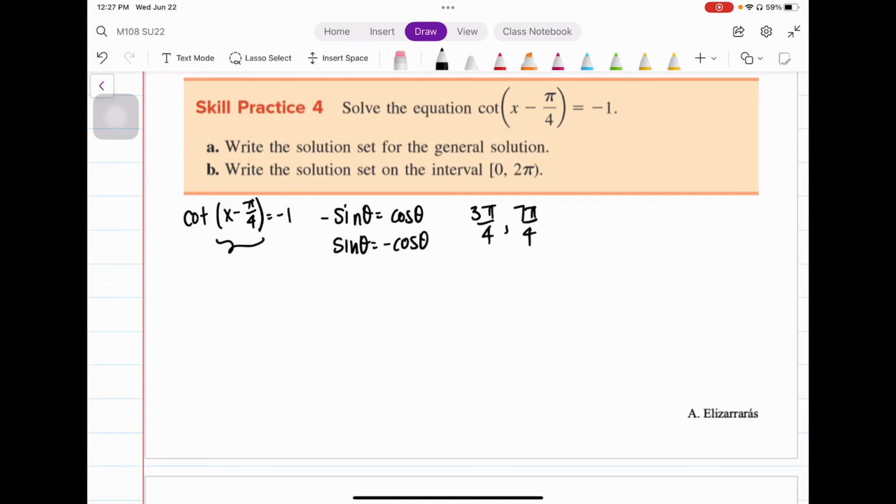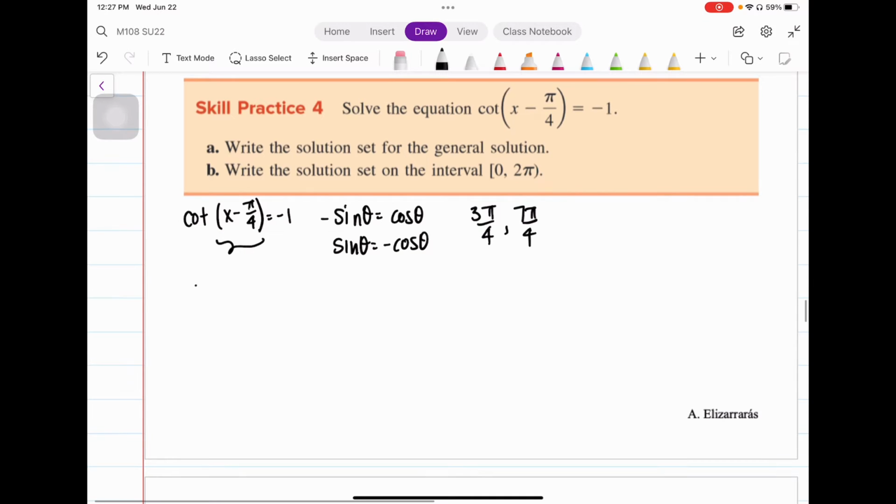Because remember, tangent and cotangent are positive in the first and third quadrants and negative in the second and fourth quadrants. This means that x minus pi over 4 is going to be equal to 3 pi over 4 and 7 pi over 4. And we just need to include the periods. However, tangent and cotangent are pi periodic, not 2 pi periodic.